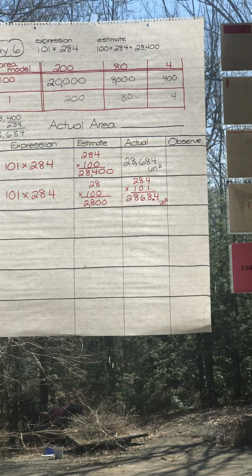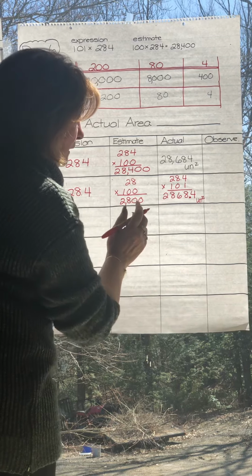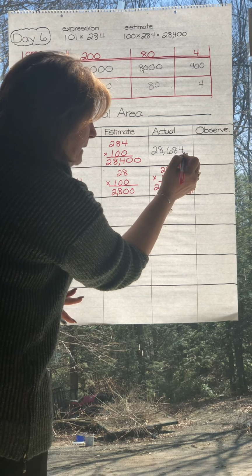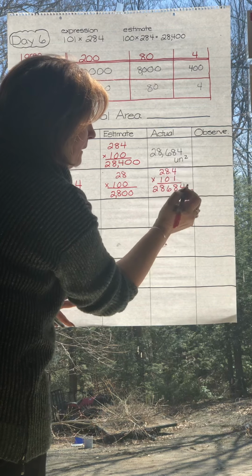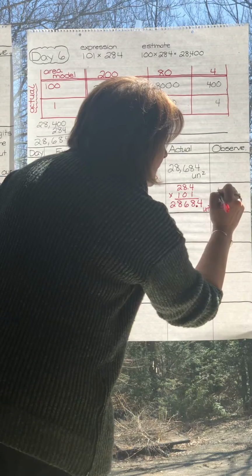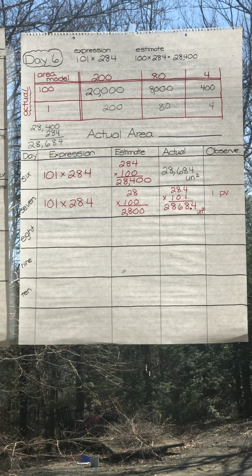So we know that our product has to be adjusted by one place value. And so that would be like if the decimal point was here, because it's a whole number, we would move it in between the 8 and 4. So we've adjusted it one place value from our original expression.